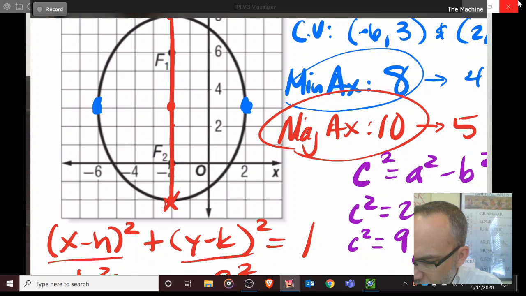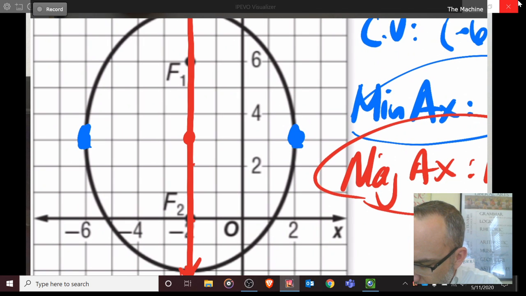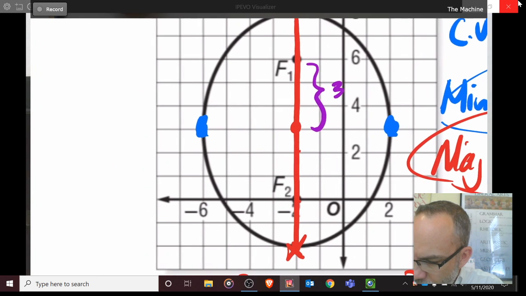So if you look here, I'll do my laser pointer again. If you go from the center, you go up 1, 2, 3, there's one focus. And if you start here and go down, 1, 2, 3, there's your other focus. So this distance now is 3. If I do the points, I'll do them over here on the left-hand side.